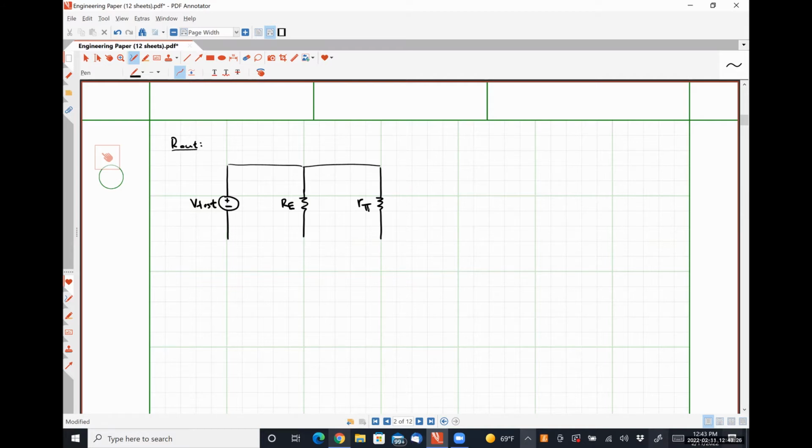And here we have our current source, GM VBE, like so. So the only thing I really need to check here is the polarity of VBE.